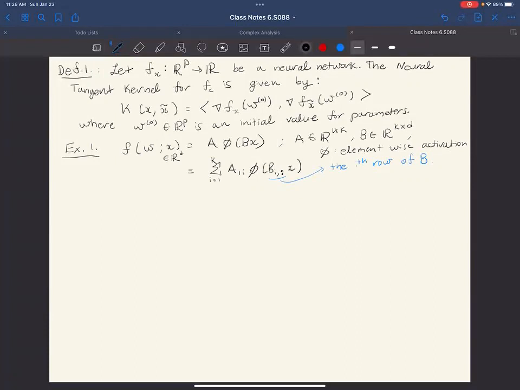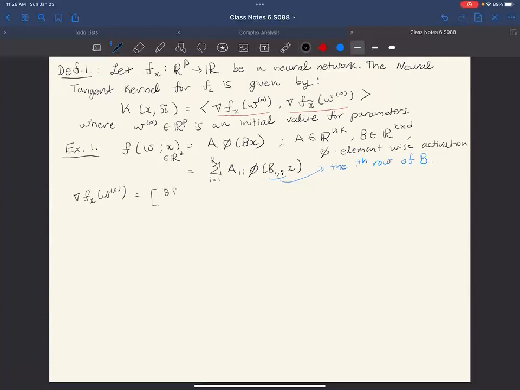So now what I need to do is compute these gradient vectors up here for any two examples, x and x tilde. And so how do I do this? Well, let's just take some example x, the gradient of f of x at w naught. Remember that the gradient is just a vector of partial derivatives. In this case, it's going to be partial derivatives with respect to every parameter.